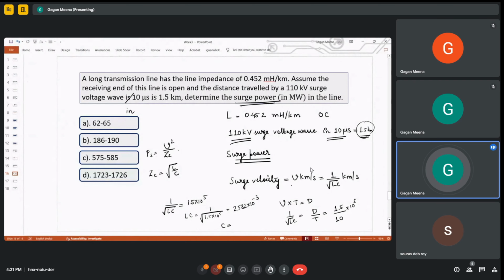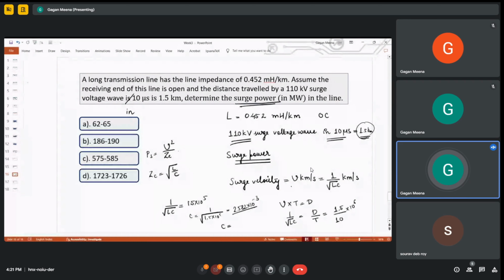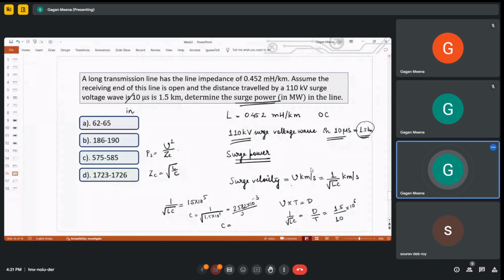And we need to find out C. So C will be divided by L. How much is L? 0.452 millihenry.